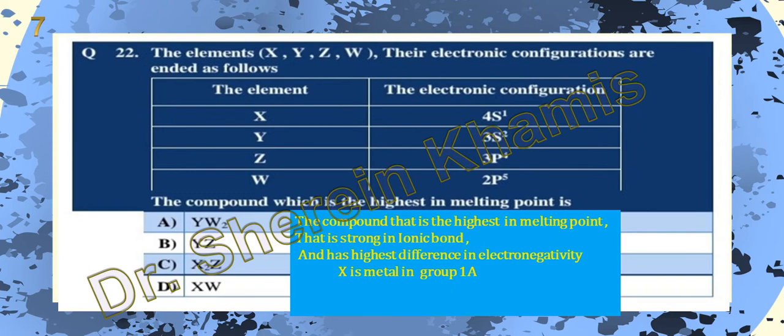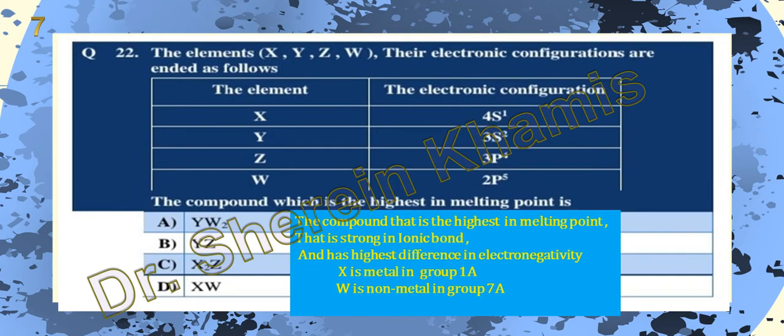If we compare with Y, it is in group 2A, so the strongest metal will be in group 1A, 4s1. Also if we compare between Z and W, we have 3p4 and 2p5, so W is a non-metal in group 7A.